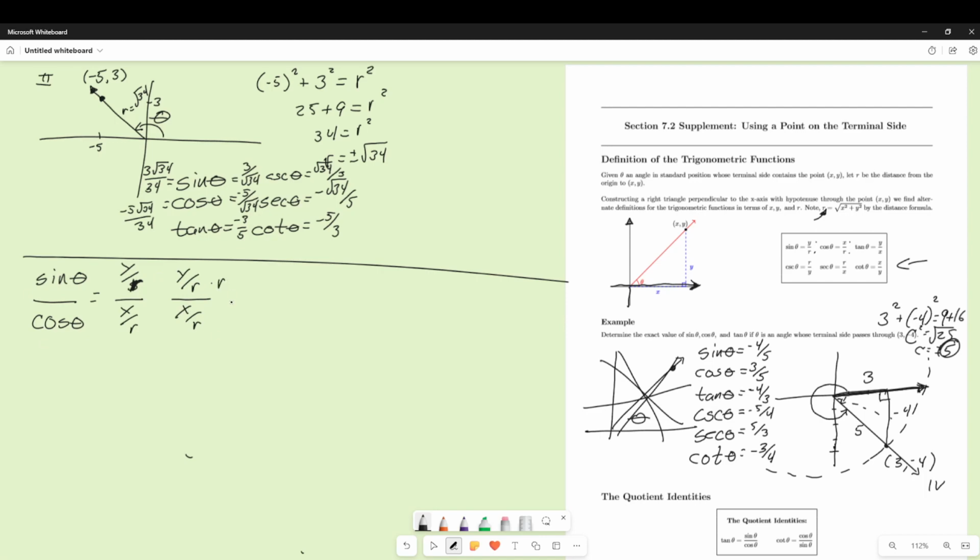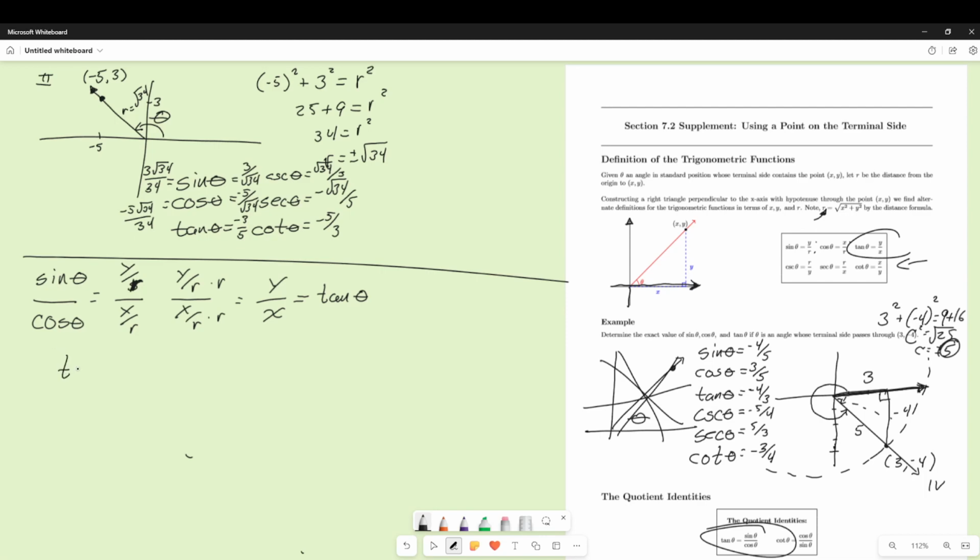If we multiply top and bottom of that by r, we're left with y over x, and y over x is, look at our definitions, the tangent value of an angle. So that gives us one of our identities, our tangent quotient identity.